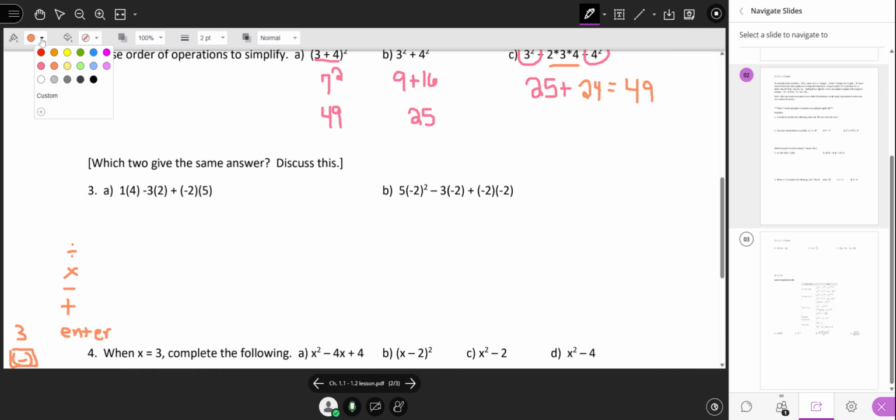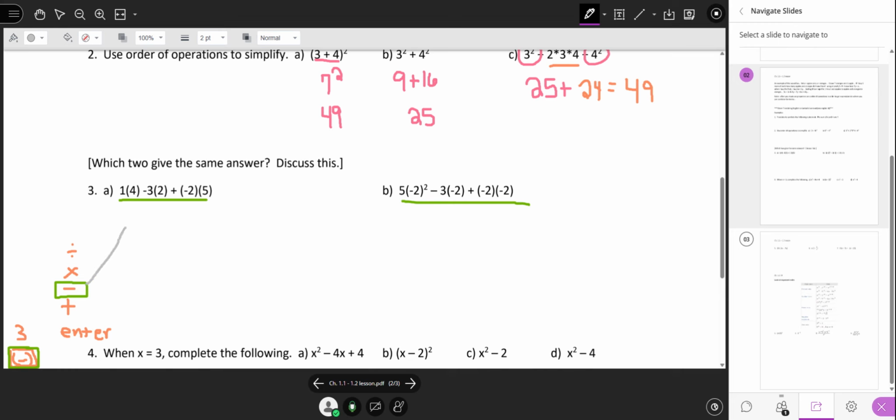Why am I telling you that? Well, I am so glad you asked that. Because sometimes when you're doing this problem and this problem right here, sometimes you got to use this minus key, and sometimes you got to use this minus key. Okay? And that's what I need to show you.